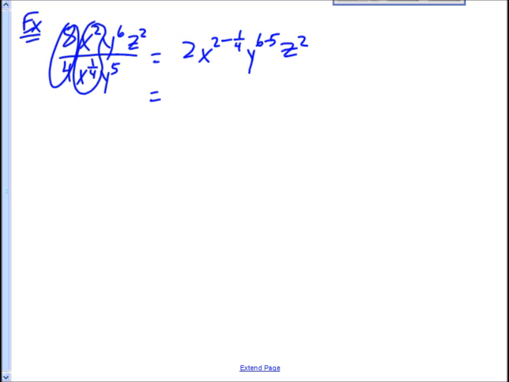So we got 2, and remember x, 2 minus 1/4, same thing as 8/4 minus 1/4, because 8/4 is 2. So we got the 7/4 there. And then y to the 6 minus 5, which is y to the 1, and then we got z squared. So 2x to the 7/4 y z squared. Okay, done with that one there.